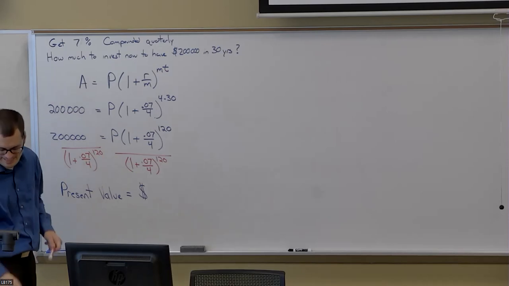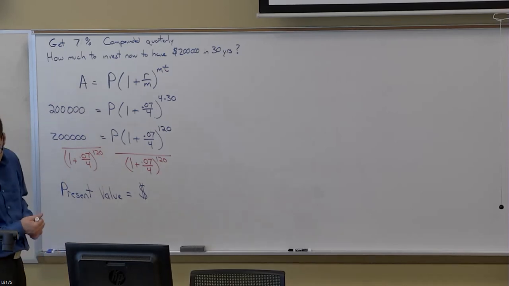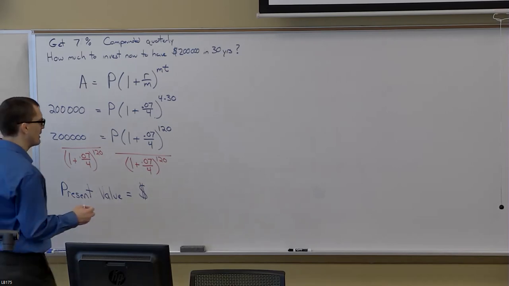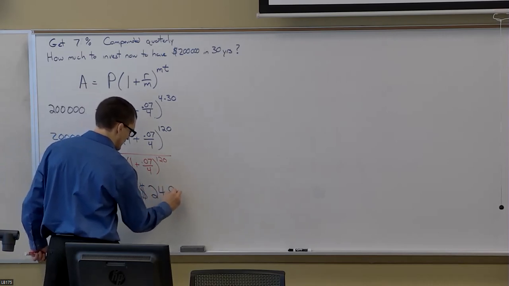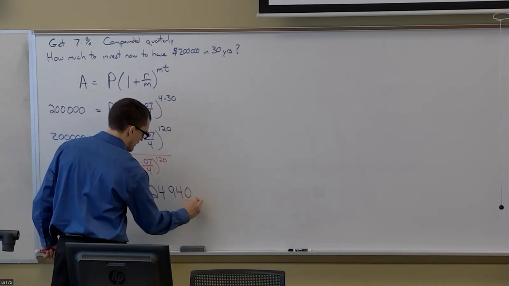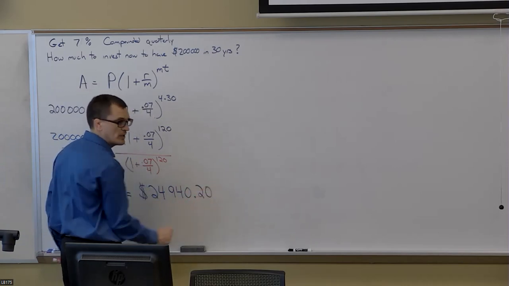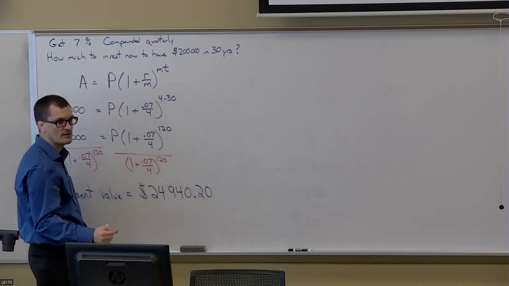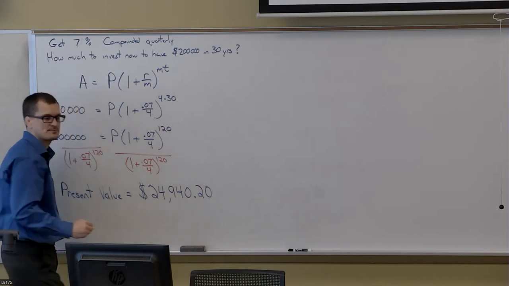When I did that, I ended up with 24,940.20. The 19 rounds up to a 20 there. So just be careful about that.